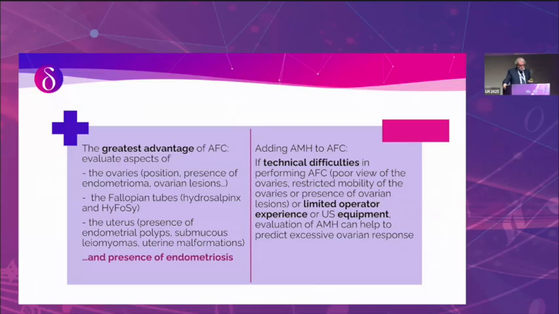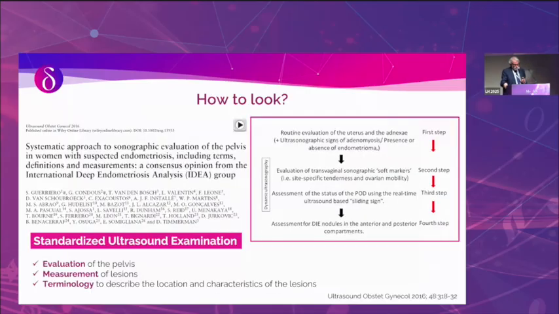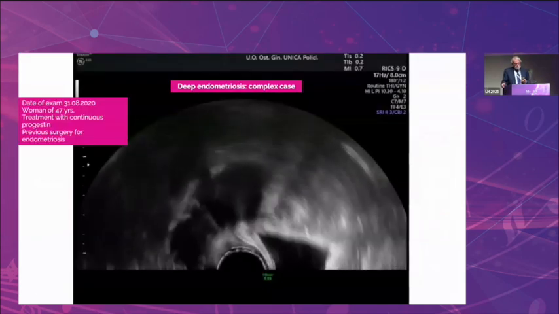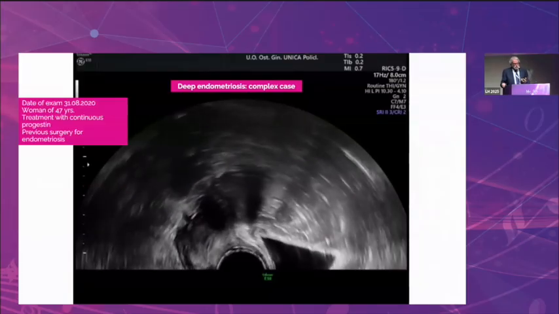Also, this is my daily practice, information not only for the malformation and fallopian tube hydrosalpinx, for example, but also for the presence of endometriosis. I suggest to use this structured approach to follow different 4 steps, just 4 steps, to have the information. It's very useful. This is not a normal patient.